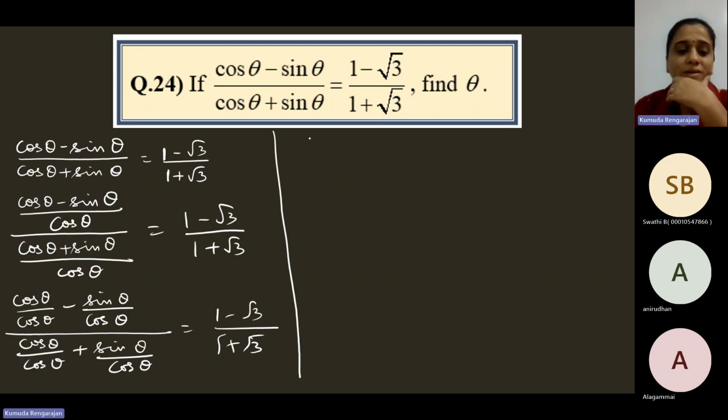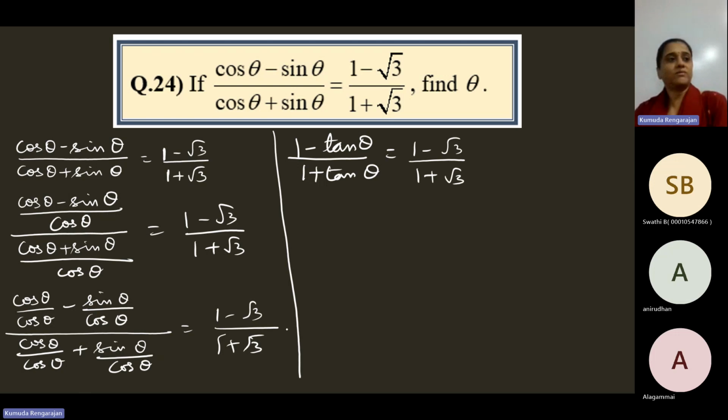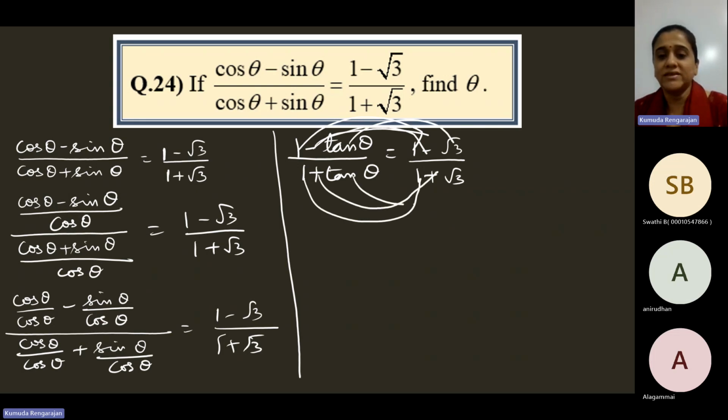So what does it become now? 1 minus tan theta by 1 plus tan theta is equal to 1 minus root 3 by 1 plus root 3. Now you can compare both the sides. 1, 1 minus tan theta, minus tan theta, root 3, 1, 1 plus tan theta, root 3.